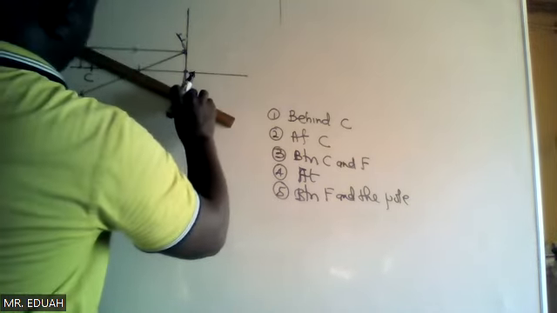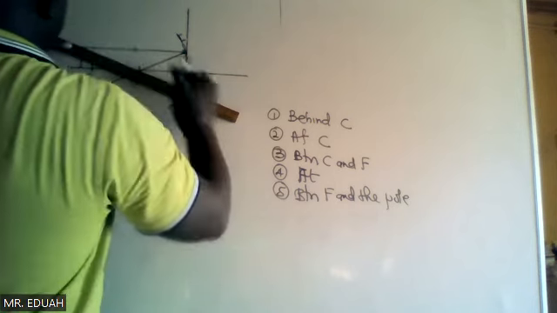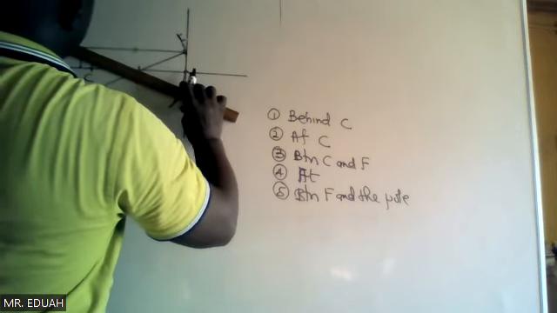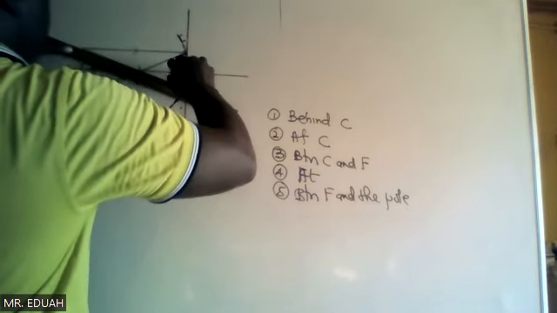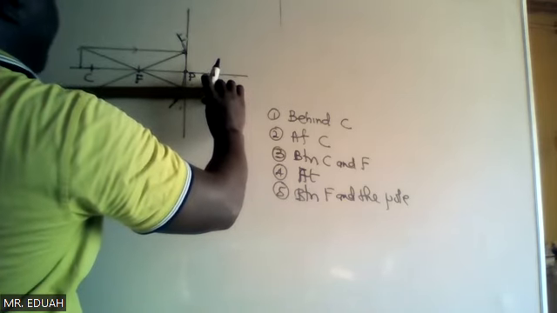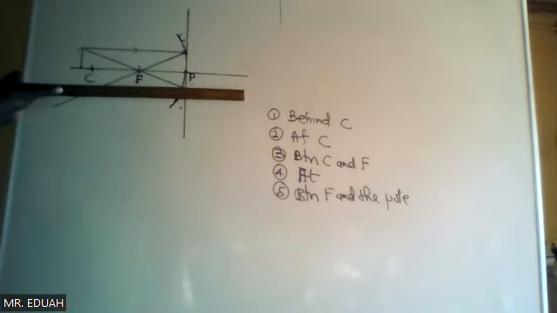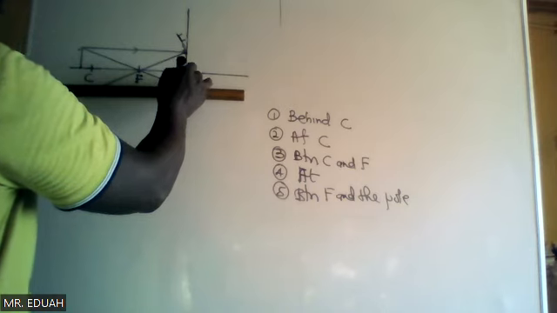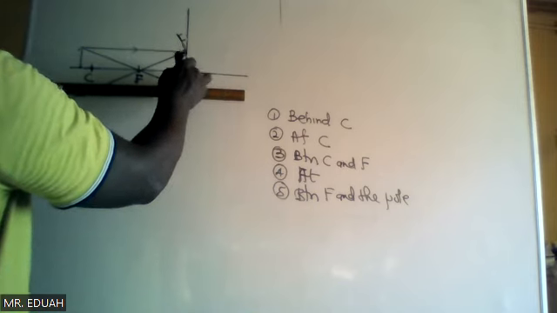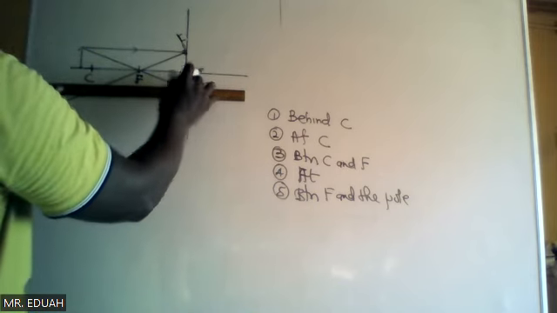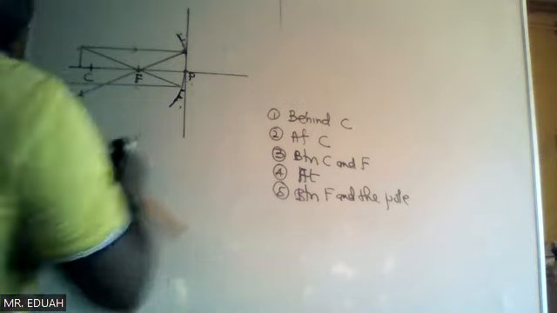So a ray from the object through F after reflection, the reflected ray must be parallel to the principal axis.